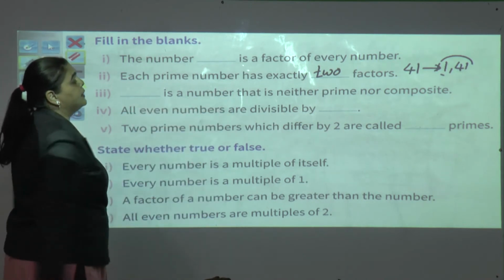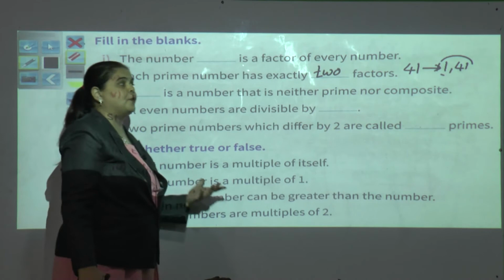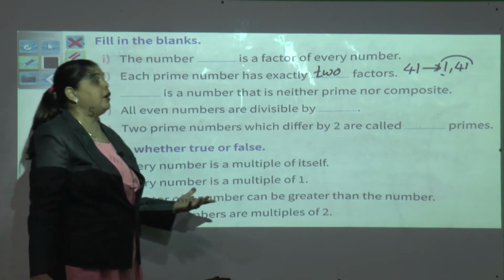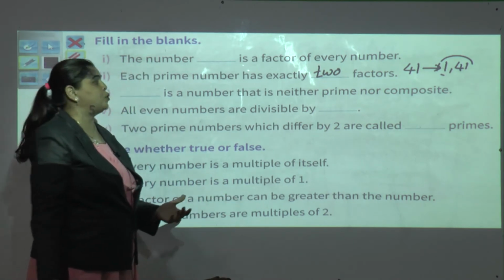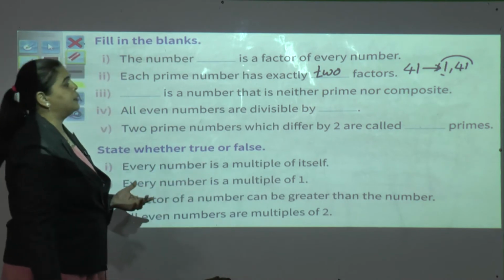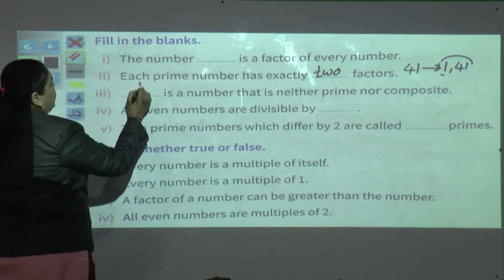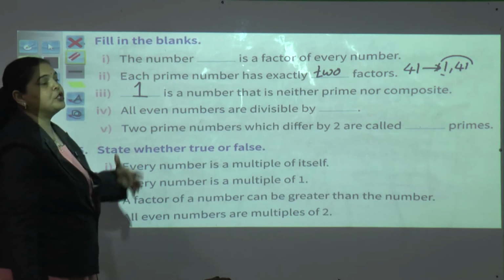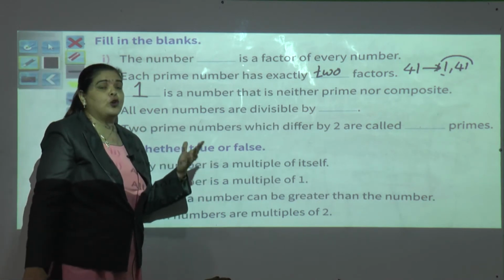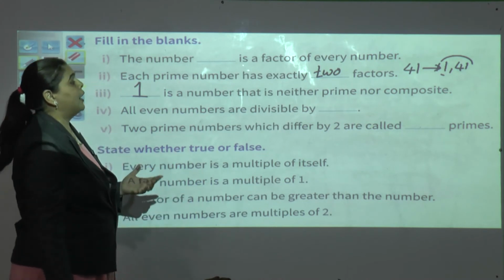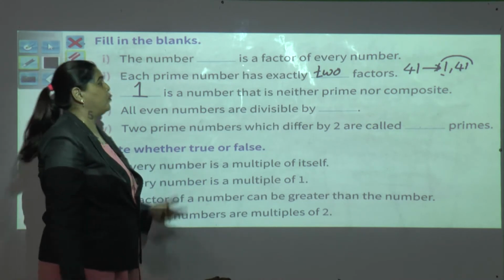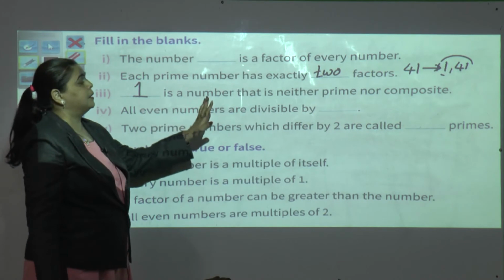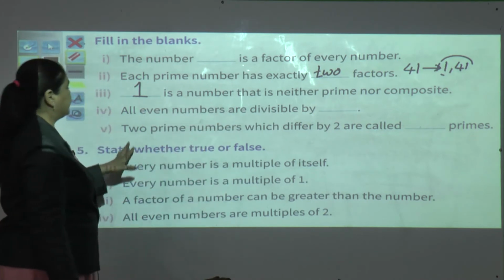Dash is a number that is neither prime nor composite. Everyone knows, because in the previous class we learned which number is neither prime nor composite. Yes, you are right, that is the number 1. 1 is not prime because it does not have exactly 2 factors, and it is not composite because it does not have more than 2 factors. So we can say 1 is neither a prime nor a composite number.